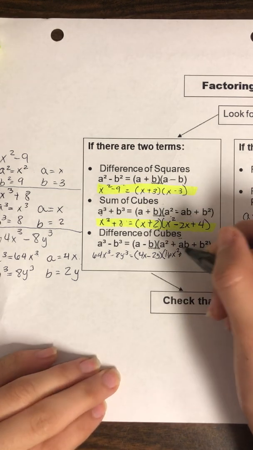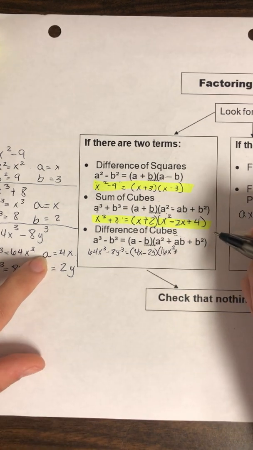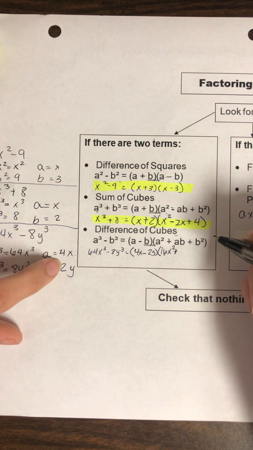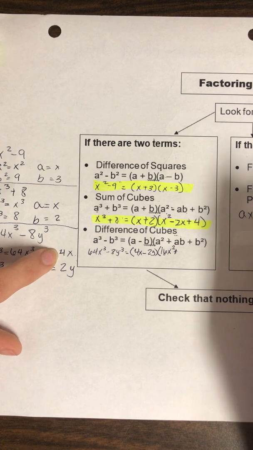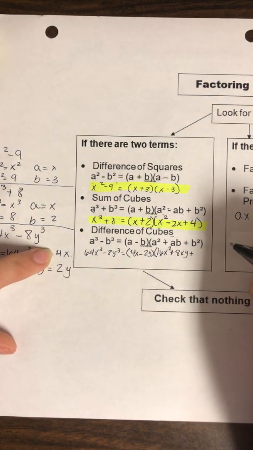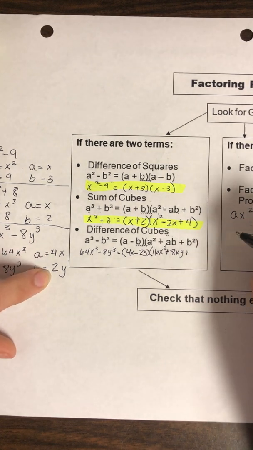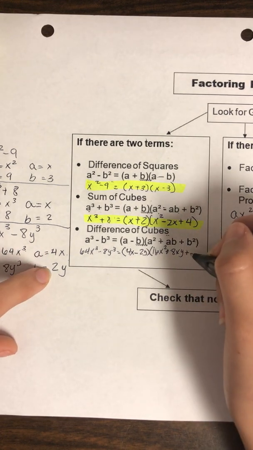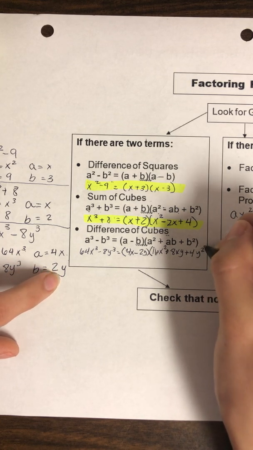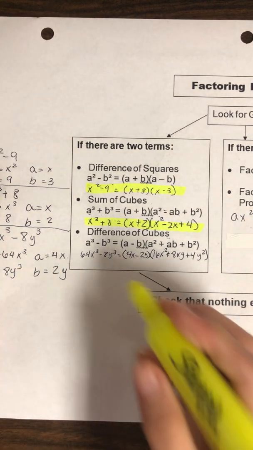Plus a times b. Well, my x and y don't combine, but I can multiply my 4 and my 2, my constants. So what would that be? 8xy. And last, b squared. So what is b times b? Well, 2 times 2 is 4, and y times y is y squared. And that's it for this one.